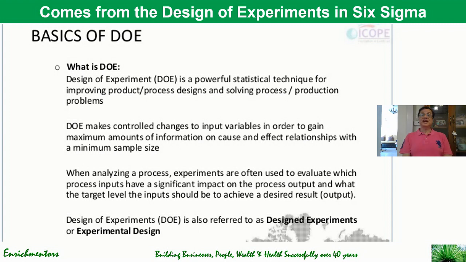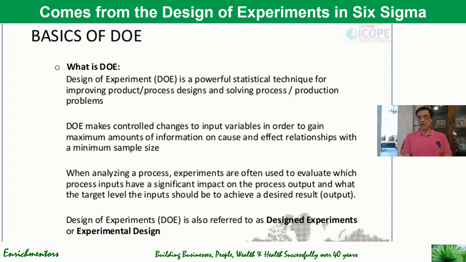It's a powerful statistical tool for improving process and product design, solving process and production problems, or identifying and capitalizing on an opportunity. In the design of experiments, you make controlled changes in the input variables in order to gain the maximum amount of information on the cause and effect relationship in a minimum sample size.